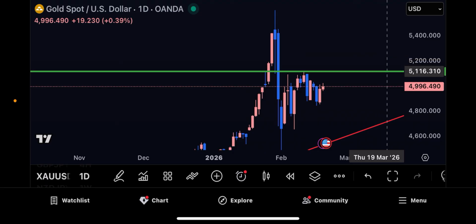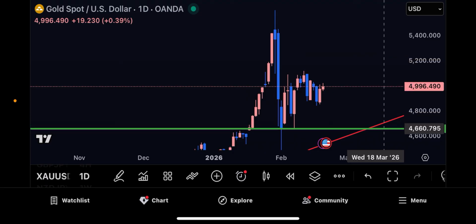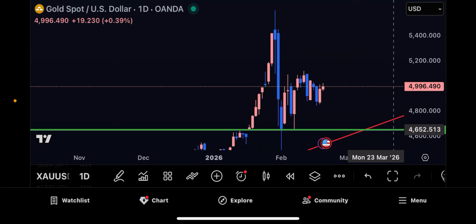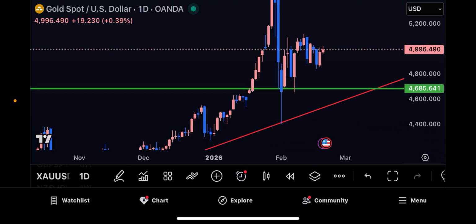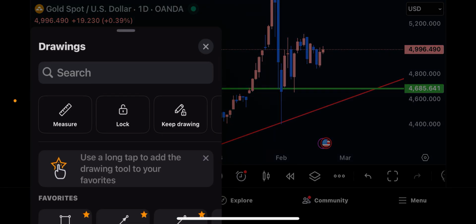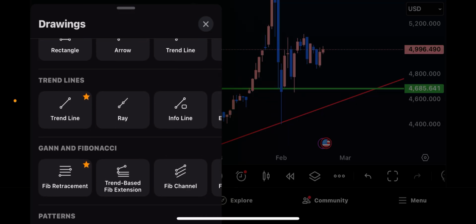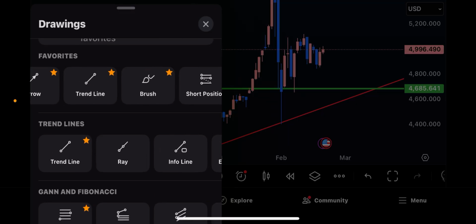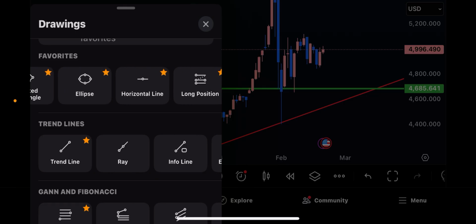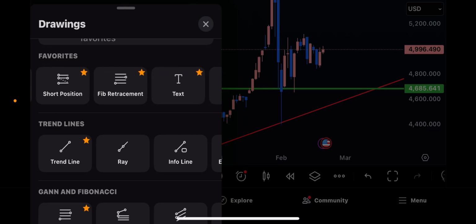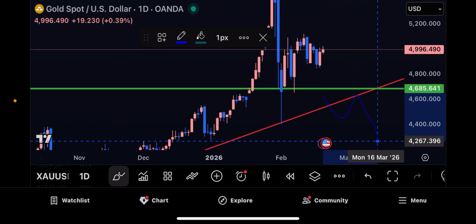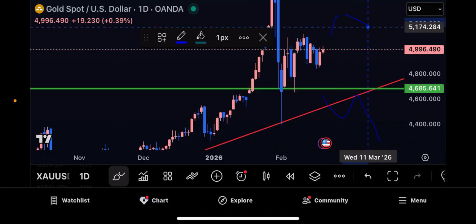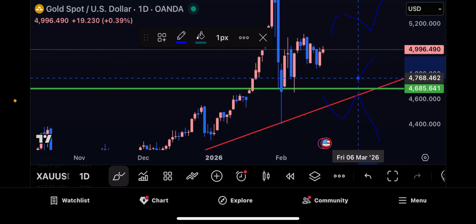And if it breaks either of these areas, here or here, we want to wait until we get a break and retest, meaning that I'm going to show you, meaning that price looks something like this. Let's see if we can get a tool, meaning that price looks something like this, or something like this.